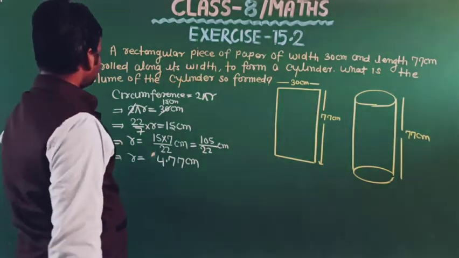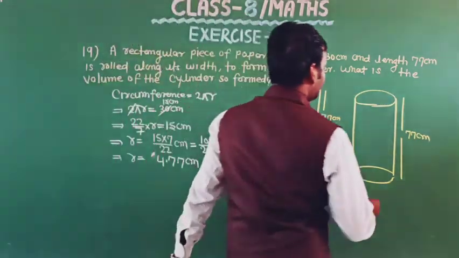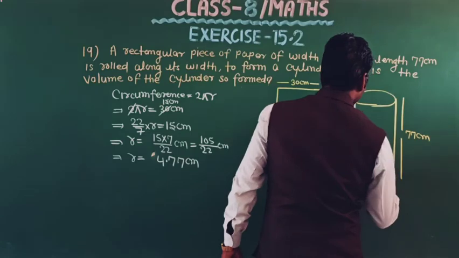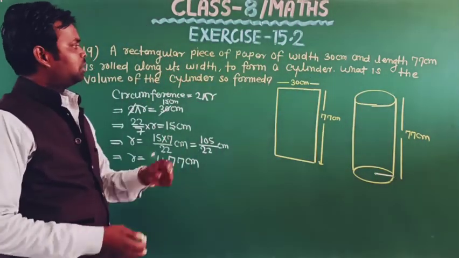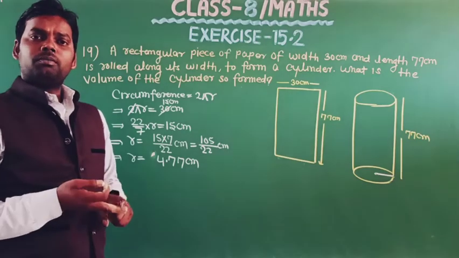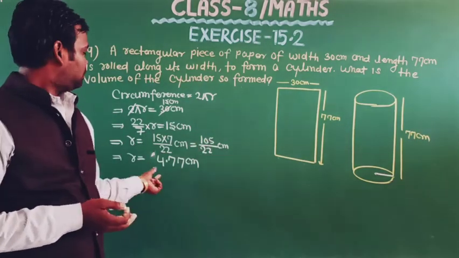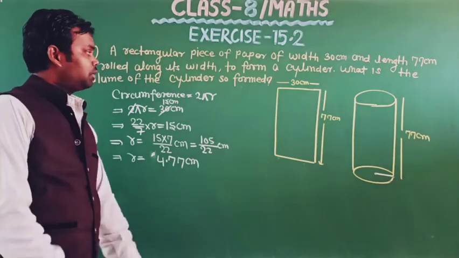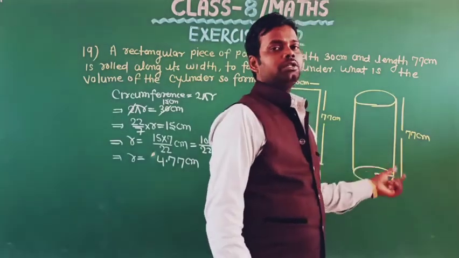So here r is the radius of the cylinder formed by the rectangular piece of paper.